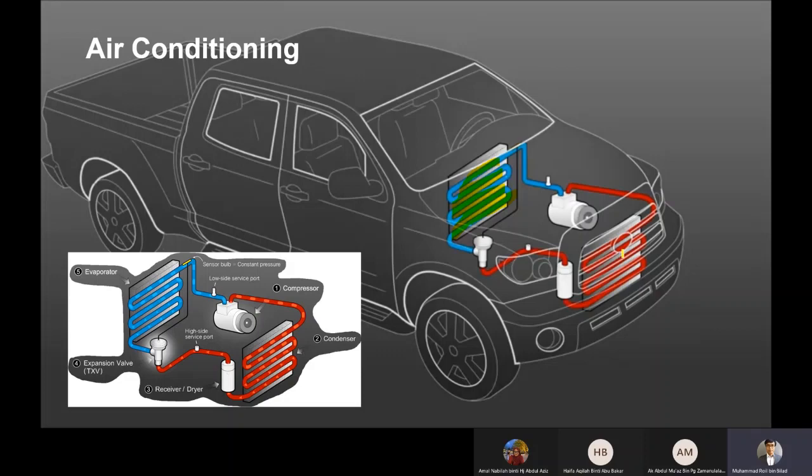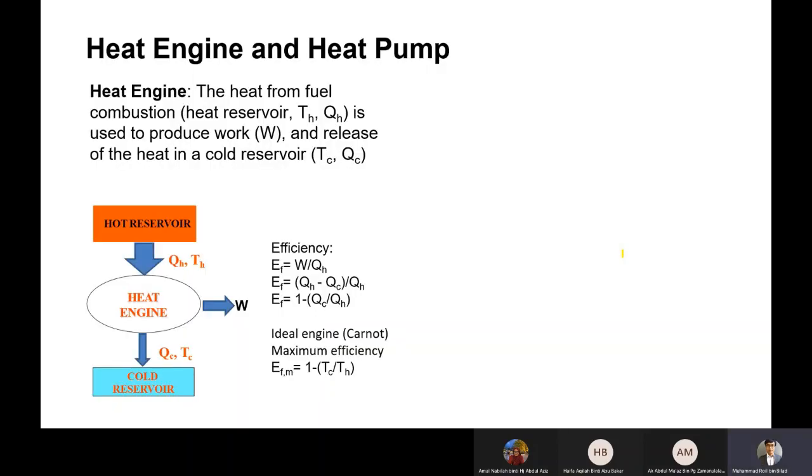So exactly the same cycle. It's the same cycle for the aircon in your room, for the aircon in your car, and also for the fridge and freezer in your refrigerator. All give the same principles.